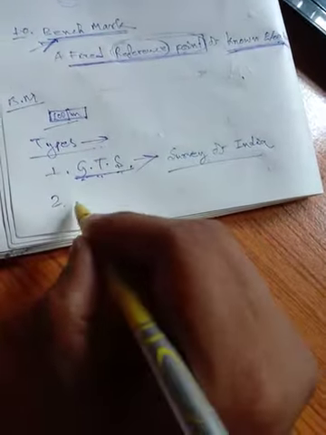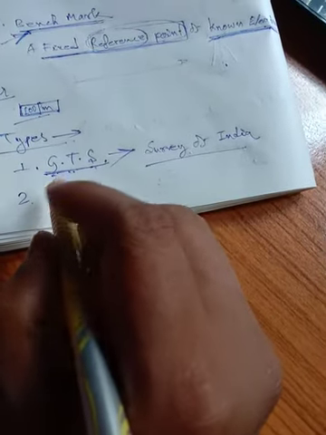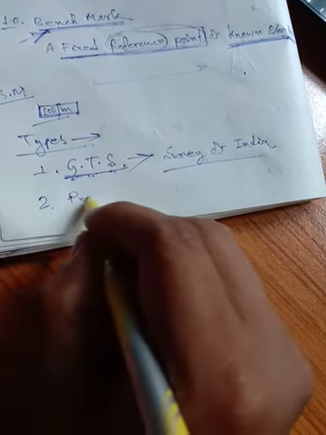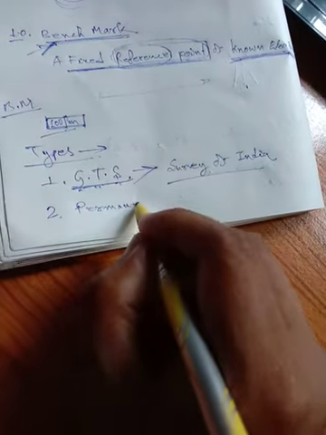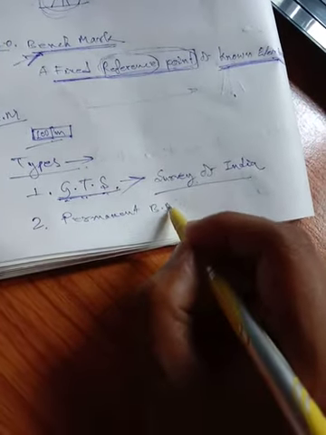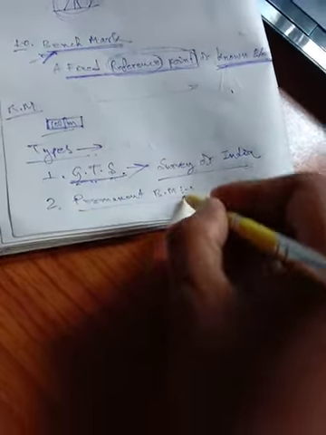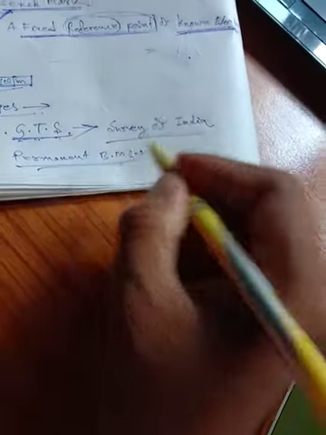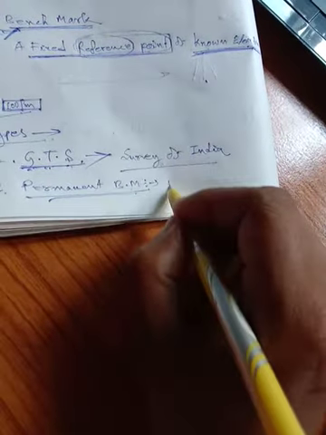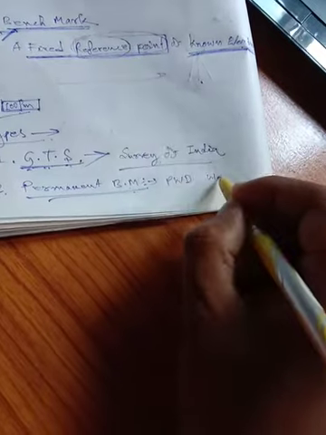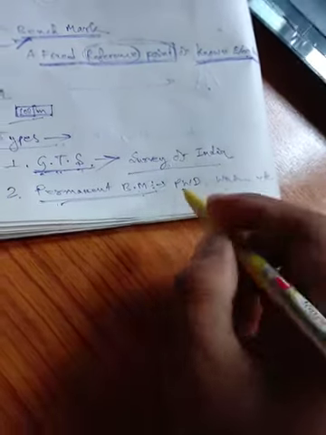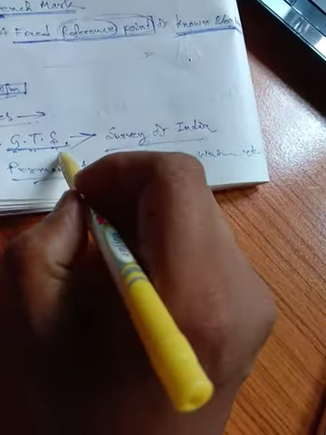Number two is the permanent benchmark. This type of benchmark is given by state agencies like PWD, Water Resource Department, etc. They are drawn from the GTS.